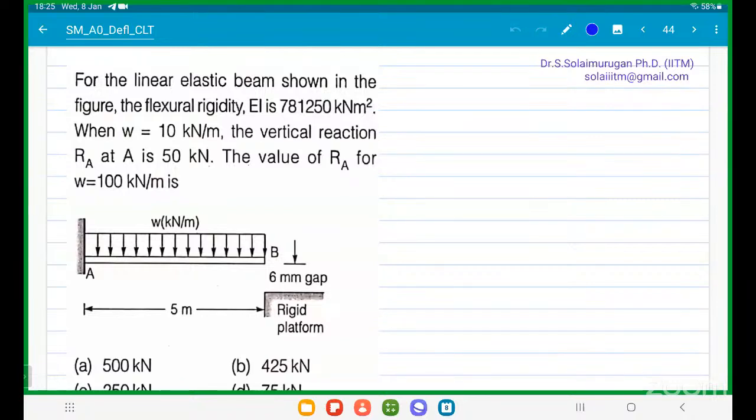So for the linear elastic beam in the figure, flexural rigidity EI is given. W is 10 kilonewton per meter. Vertical reaction at A is 50 kilonewton. The value of reaction at A for W equal to 100 kilonewton. What is the first data? 10 kilonewton.